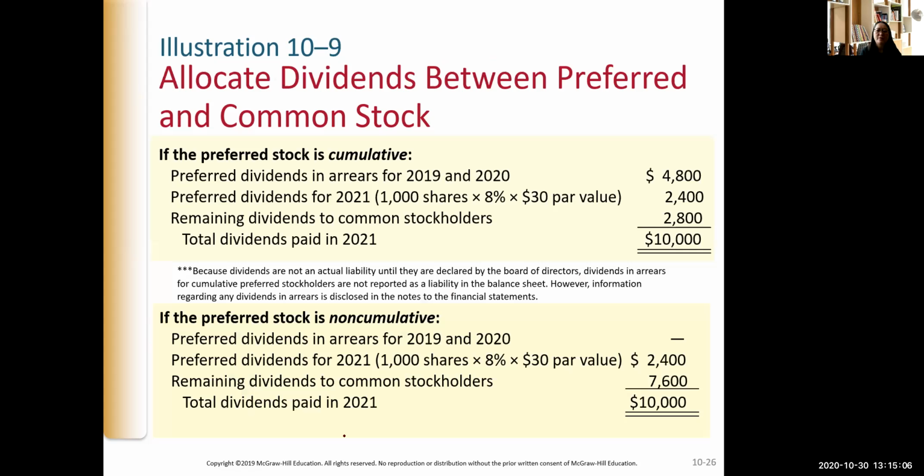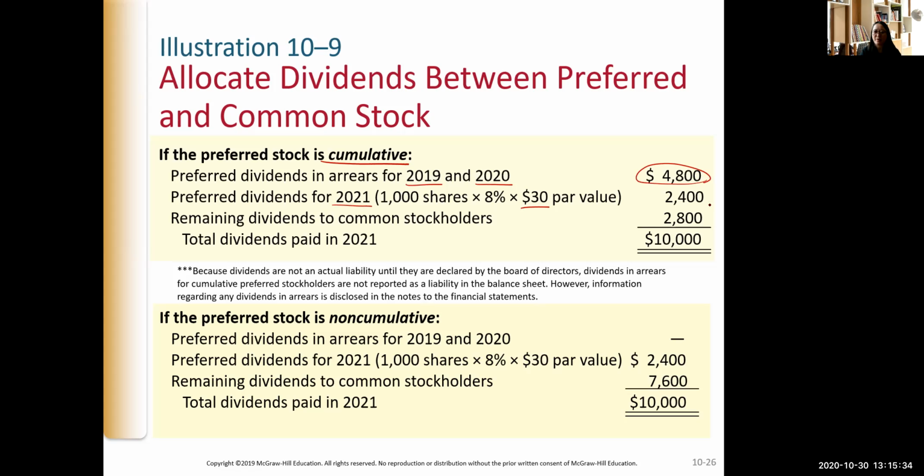Okay, so how do we allocate the dividend between the preferred and common stockholders? If the preferred stock is cumulative, that means the preferred dividend in arrears for 2019 and 2020 is $4,800, and the preferred dividend for 2021 is 1,000 multiplied by 8% of the $30 par value.